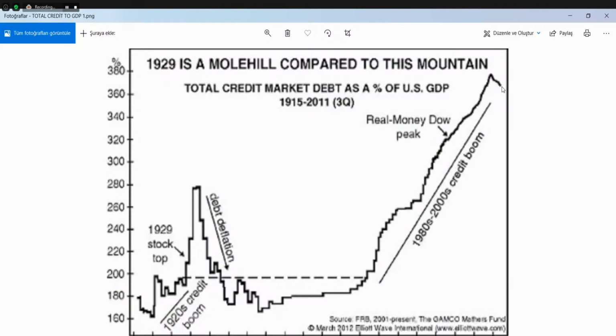I mean where you have printed real money Dow peak with an arrow. That's before, and then the credit expansion continued. What do you mean by real money Dow peak? This point, real money Dow peak.